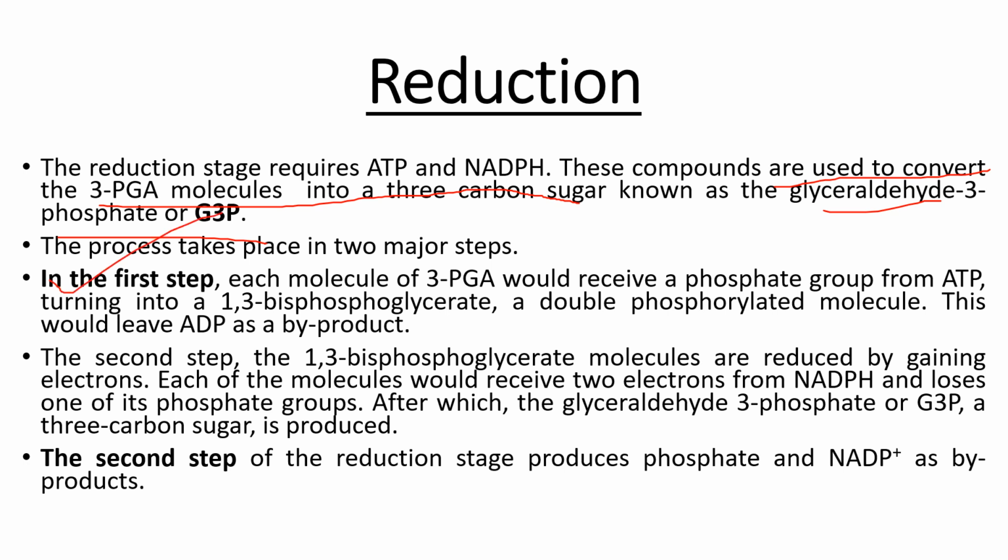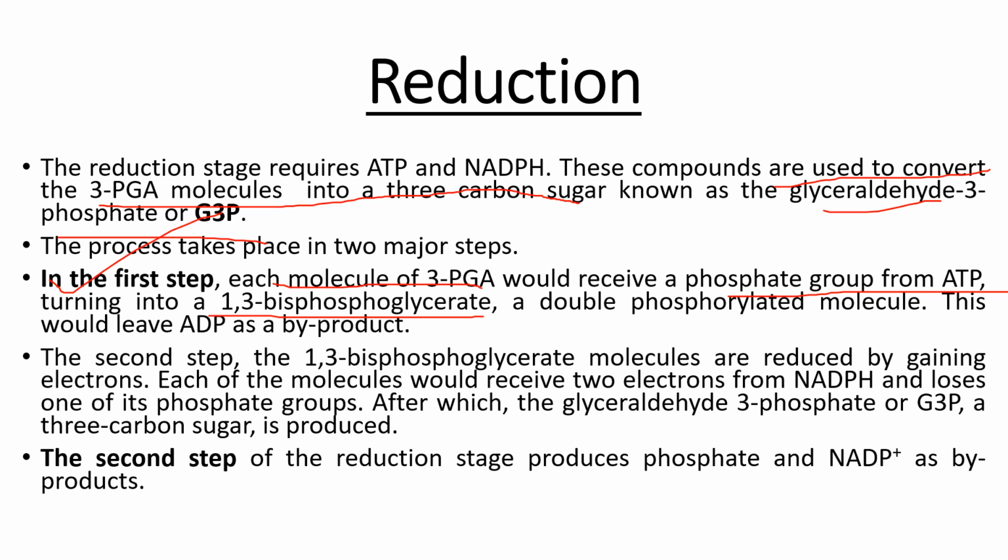In the first step, each molecule of 3 PGA would receive a phosphate group from the ATP, turning into 1,3-bisphosphoglycerate, which is a double phosphorylated molecule. So this would leave ADP as a byproduct.